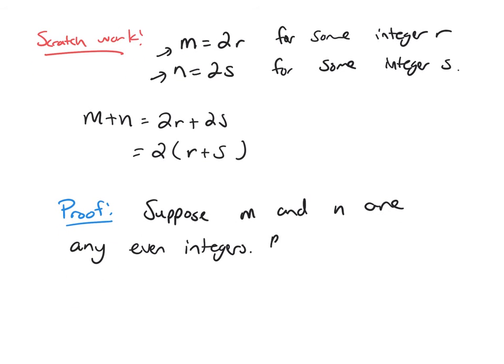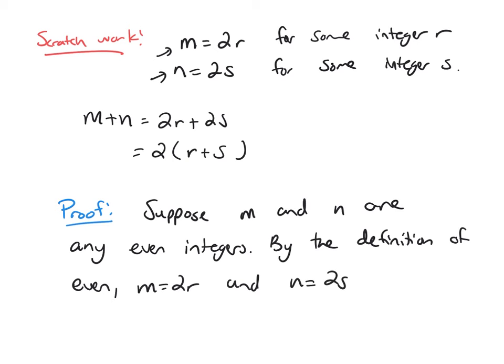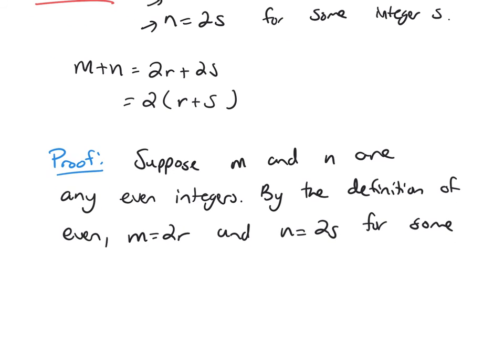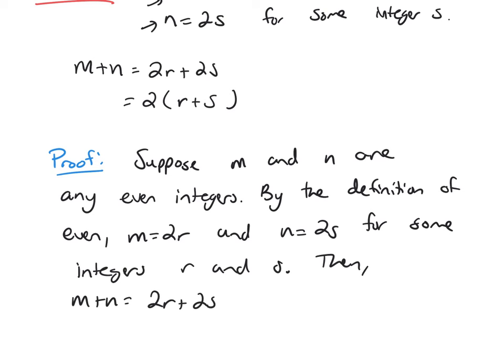So we'll say by the definition of even, m equals 2r and n equals 2s for some integers r and s, then m plus n, we said was 2r plus 2s, 2 times r plus s.